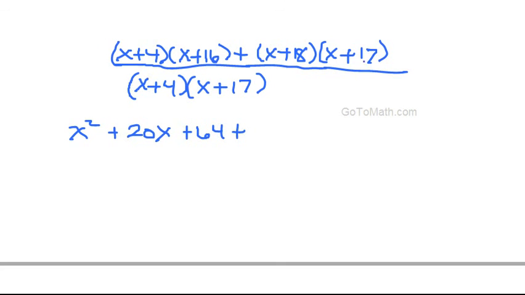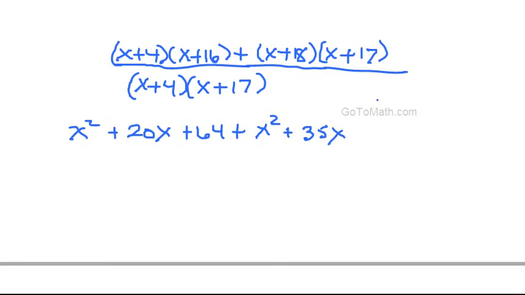Plus, and then we'll multiply this stuff together. So we have x squared plus 17x and 18x, so that's going to be 35x.